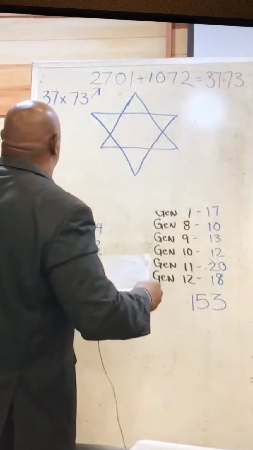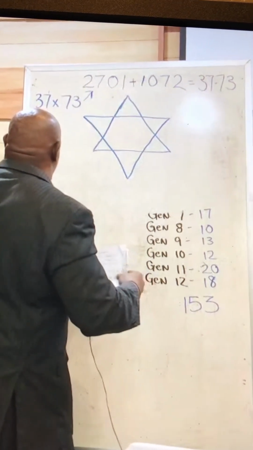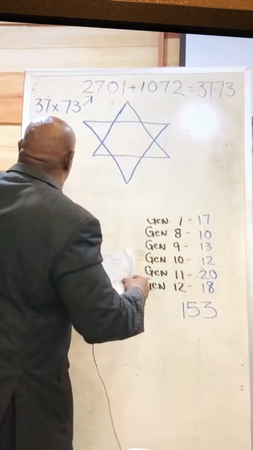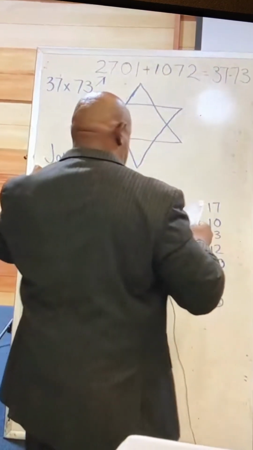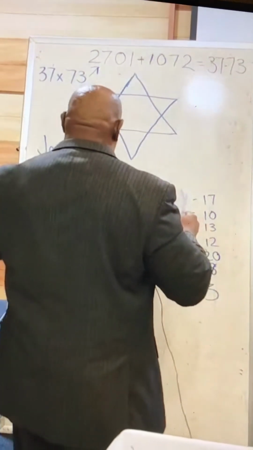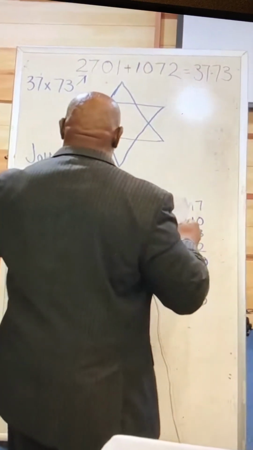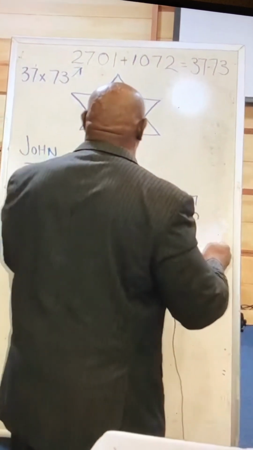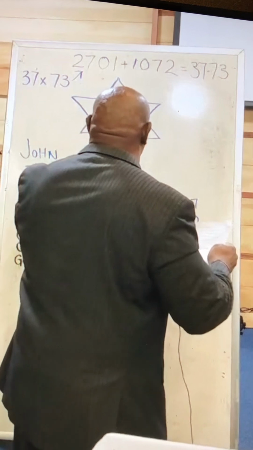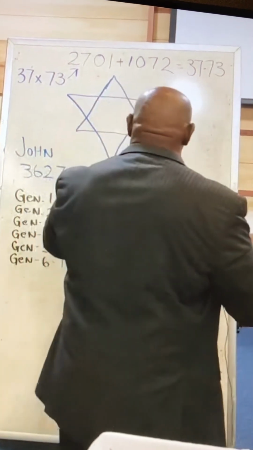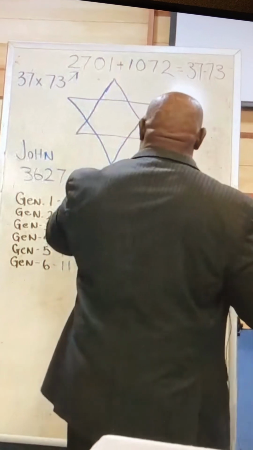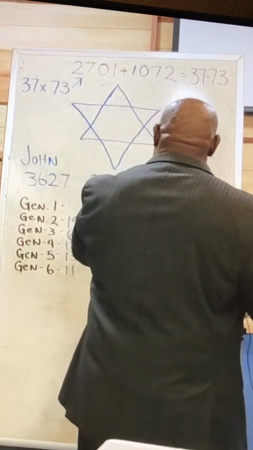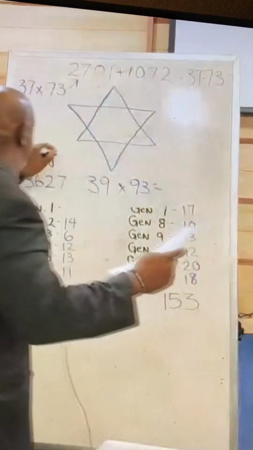If you do John chapter 1, its numerical value is 3627, which is just 39, 13, and 13, which is love in Hebrew, or rebellion, if you want to say, times, turn it back on itself, 93, and that gives you the numerical value of John chapter 1, verse 1.